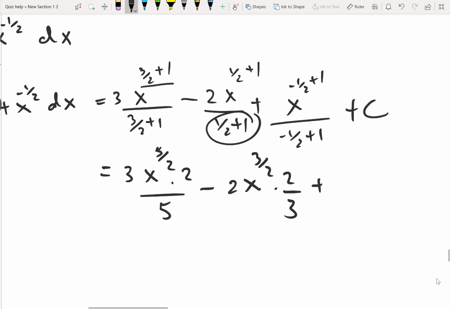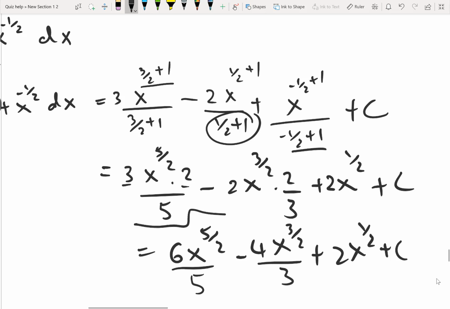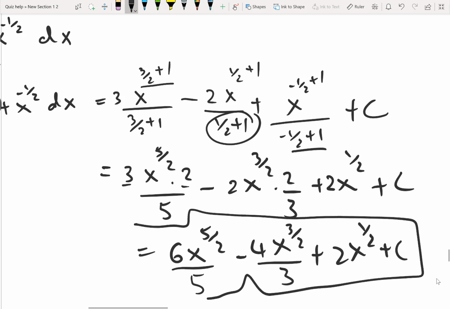Plus here, negative half plus 1 is half, so x to the half divided by half, and the reciprocal of half is 2. So here 3 times 2 is 6, 6x to the 5 over 2 over 5, minus 2 times 2 is 4x to the 3 over 2 over 3, plus 2x to the half plus c. Phew, that was a big problem, right?